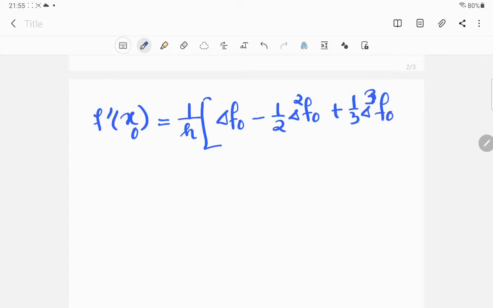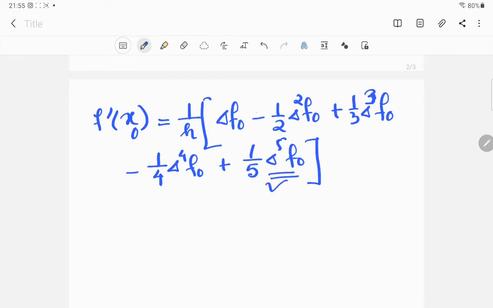I'm again repeating that you need to remember all these equations for the exam, because in an exam you may not be deriving the whole theory to get the formula. So equations number 2, 3, 4, 5, 6, at least you need to remember for using them directly. We have done only up to del 5 f naught because we have terms only up to del 5 f naught. If you have terms only up to del 4 f naught, then you stop there; you need not go further.